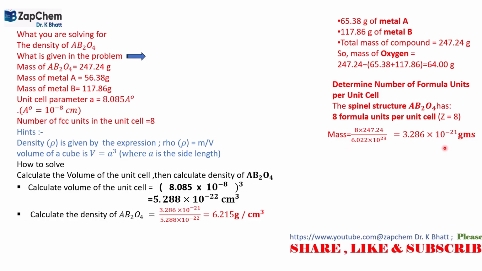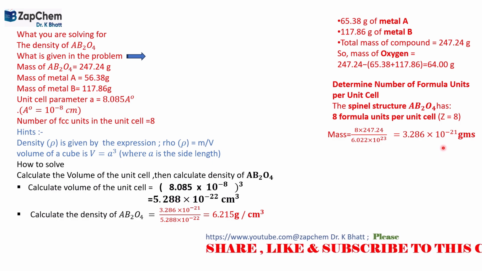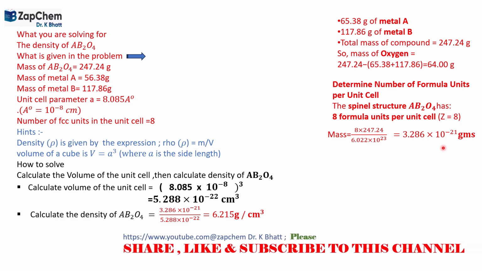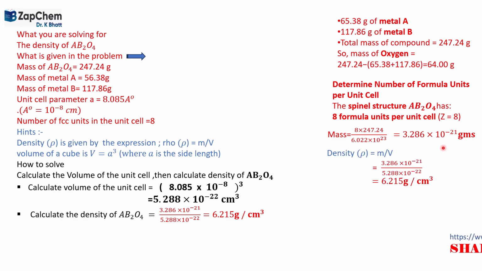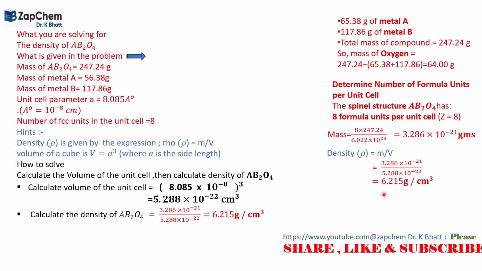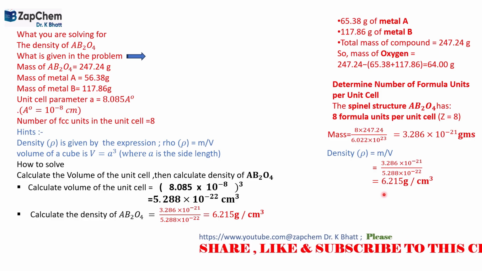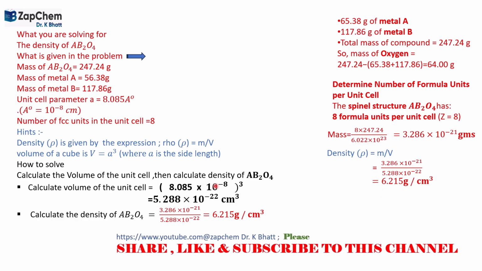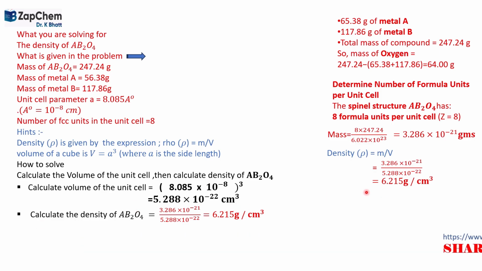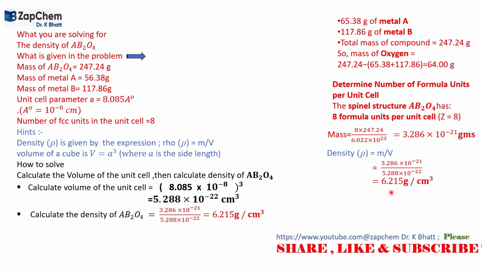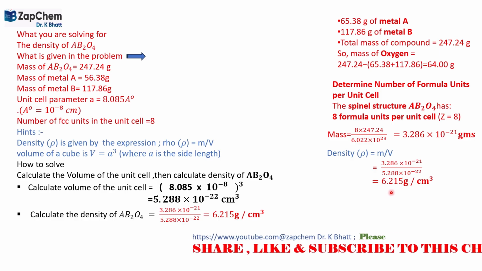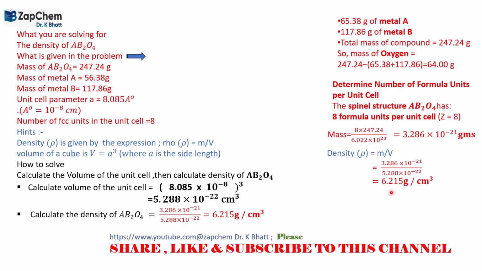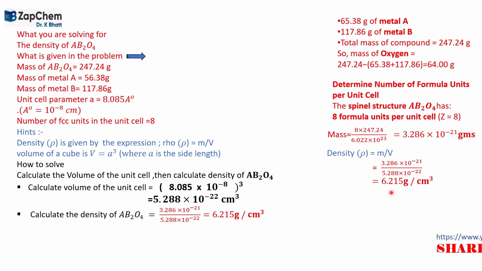When we calculate, we get 3.286 into 10 to the power minus 21 grams. Now density is equal to mass upon volume, and the volume we calculated comes out to be 5.288 into 10 to the power minus 22. So we substituted these values and found that the correct density is 6.215 grams per cubic centimeter.